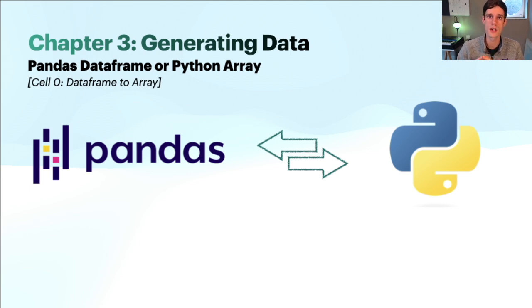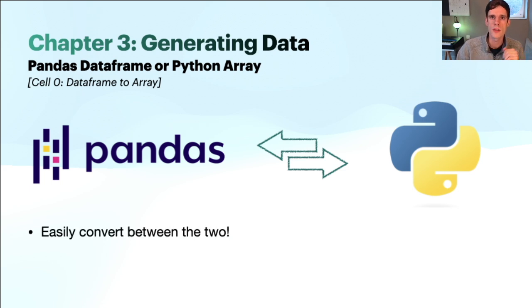Instead, for these scenarios, we want to use Python arrays, and that's also the choice that we will use throughout this course. Now, don't despair if you're much more familiar with Pandas data frames, or even if all of your projects are revolving around Pandas data frames, because it is very straightforward to transform between the Pandas data frame and the Python array. And to see how this works, let's dive into the code.